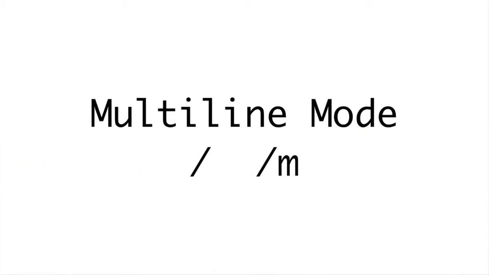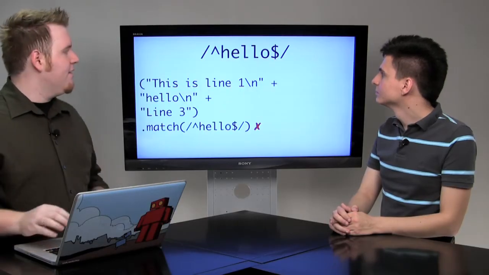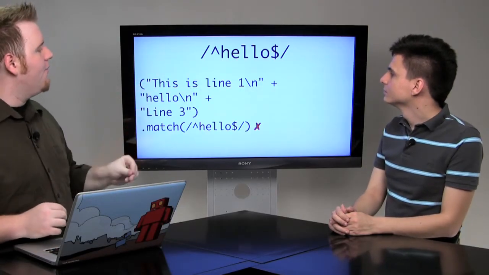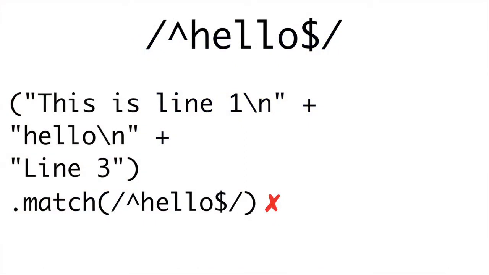We also have the modifier for multi-line mode, which is m and goes after the second slash as well. And what this is for is our caret and dollar characters. Now I said before they always apply to the beginning and end of the string, but we can also modify them to say that they represent the beginning and end of a line of a multi-line string. So for instance, in this case where we have a caret, hello, and dollar sign, which would mean that hello is the entire string, if we take this multi-line string where we have this is line 1, a new line, hello, a new line, and line 3, that's 3 lines where the second line is hello.